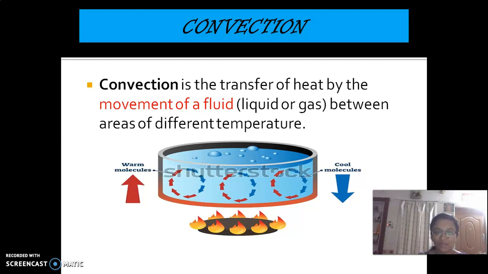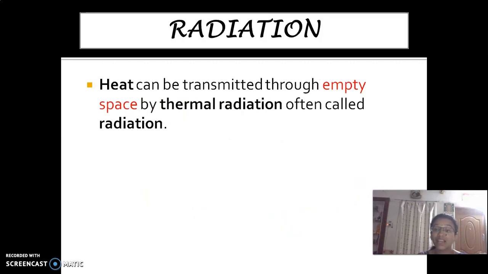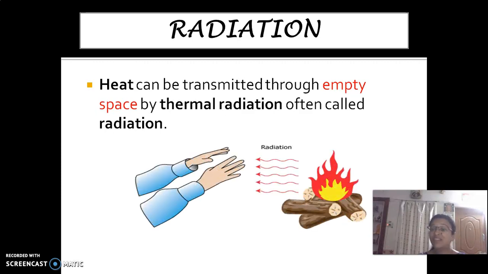Now we will go to the next one. Radiation. What is it? I told you, right, what is a good example of radiation? Yes, the light rays from the sun reaching the earth. And I also told you some other examples.